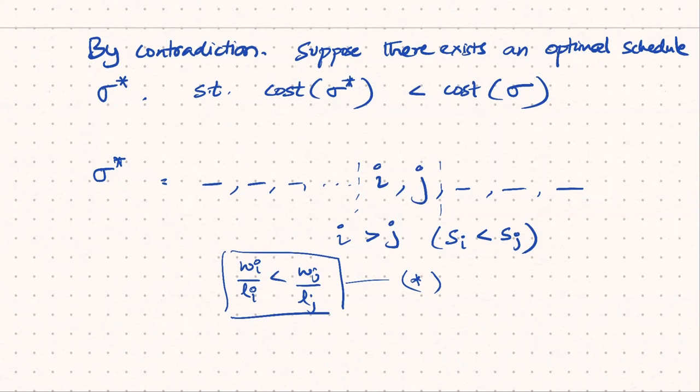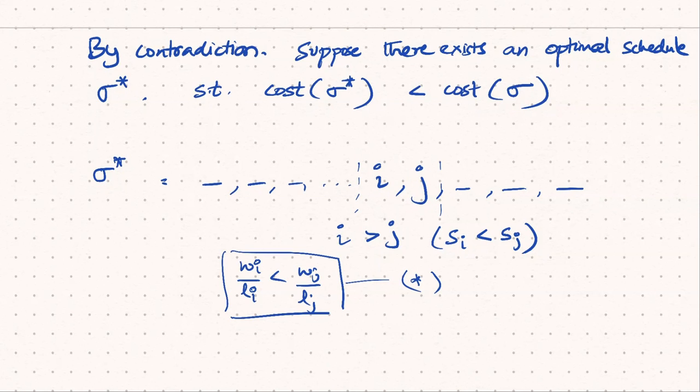Okay, so now what we are going to do in this exchange. In some sense, we know that the greedy algorithm would not have something like this, right? If job J has a greater score, it would first schedule job J and then job I. Okay, so let's just exchange these two jobs and see what we get.